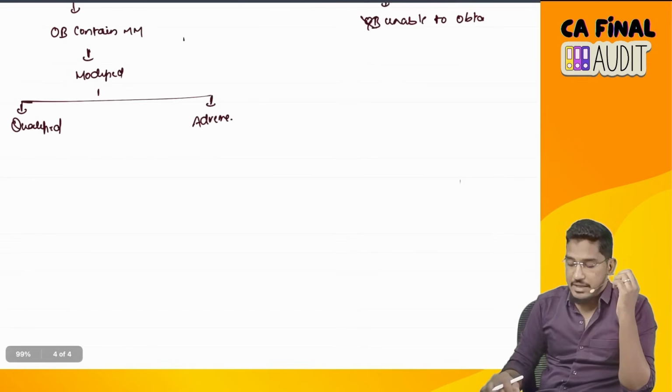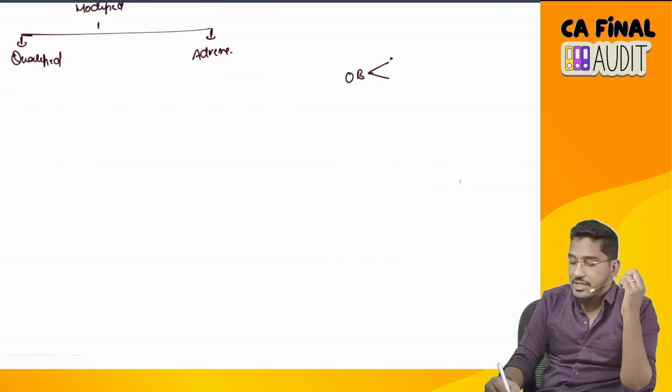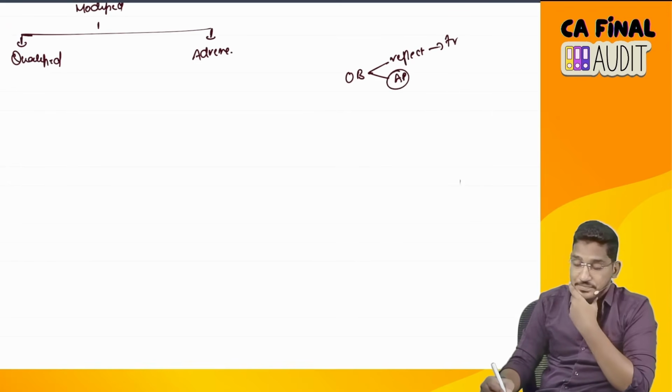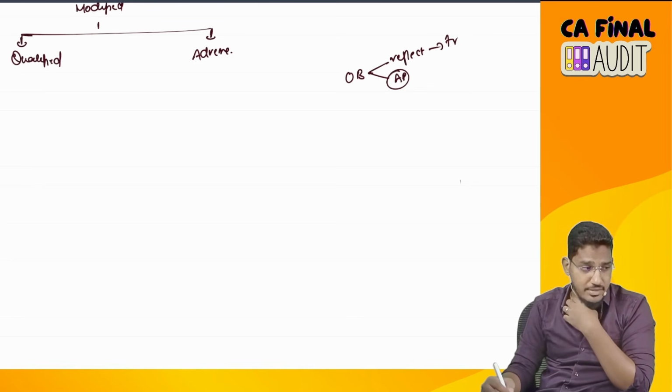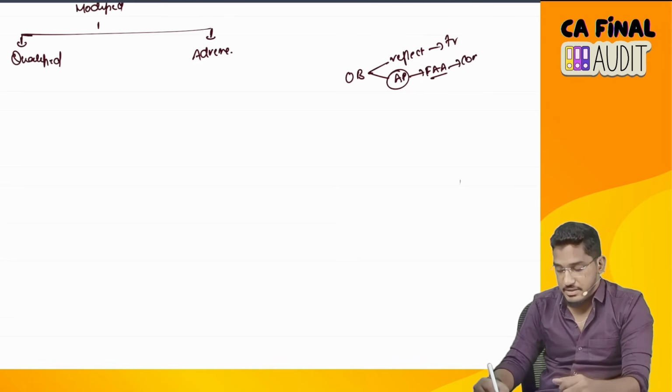When I say opening balances, I told that opening balance will reflect two things. Opening balance will reflect the effect of the transactions which have taken place, and it is also going to reflect accounting policies. See, when I say accounting policies, there is one fundamental accounting assumption associated with accounting policies. What is that? Consistency.